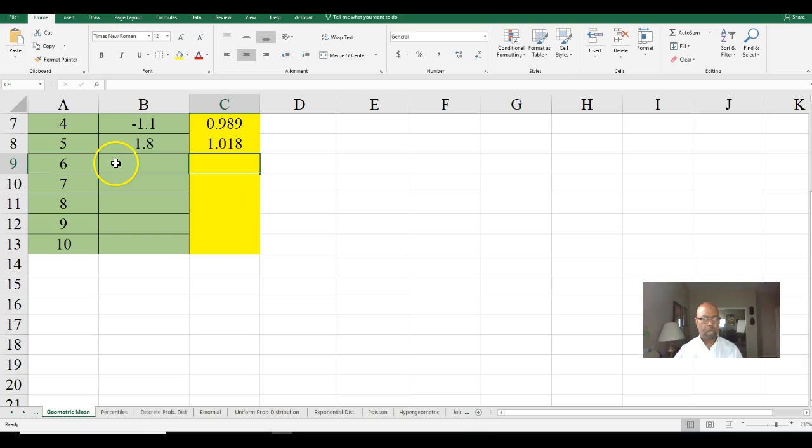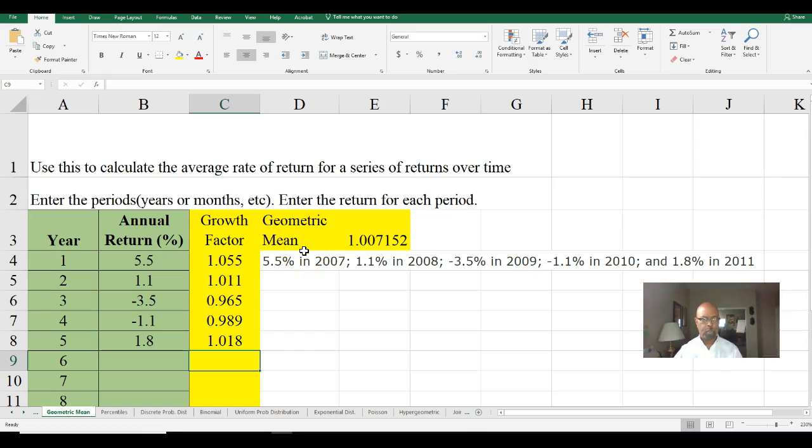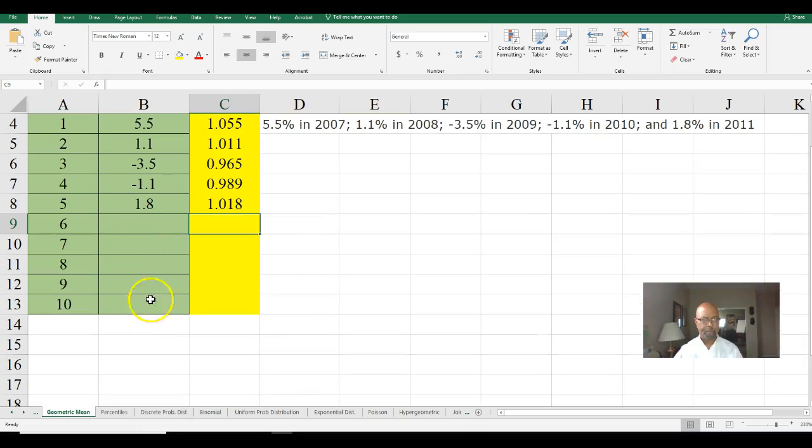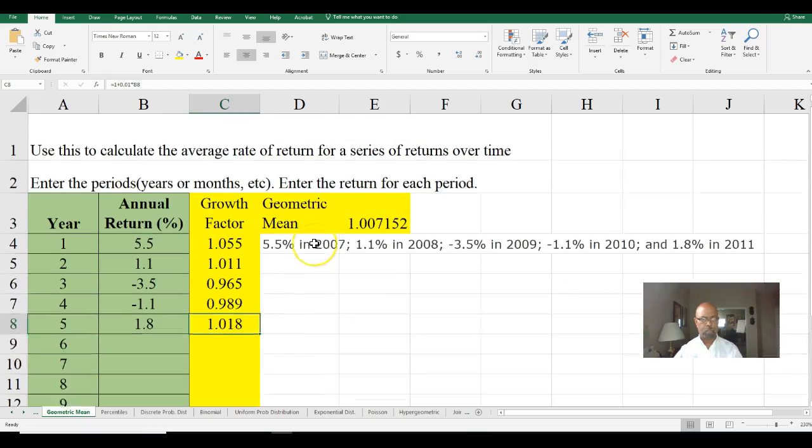And you'll notice I've simply blanked out all of the information after the 5-year period that I'm working with. If I had more than 5 years, I'd enter the annual return percentage in column B, and I would have to copy the equation in column C for each year that I wanted to add.